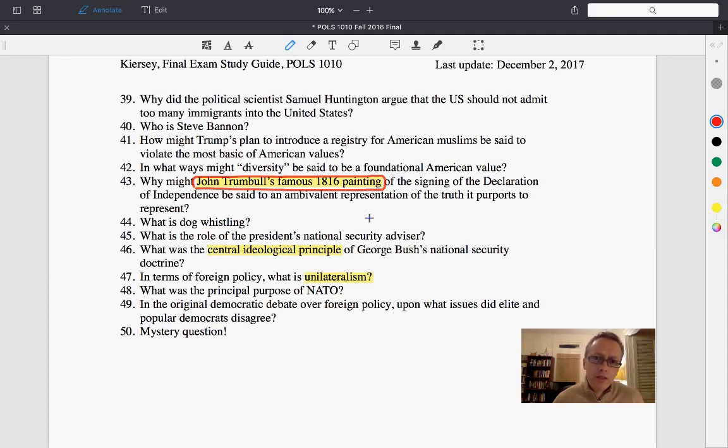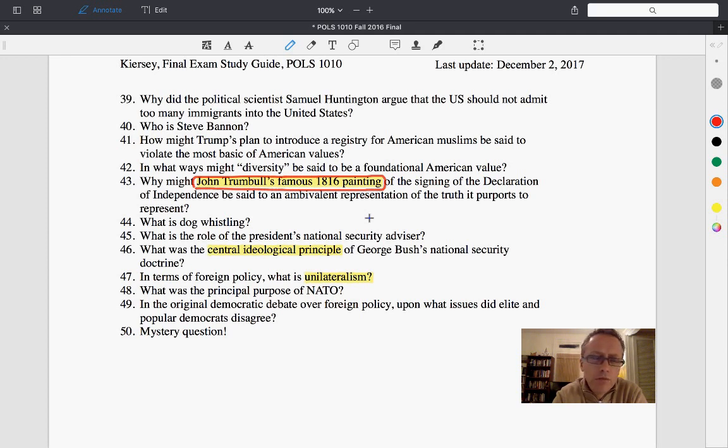The Trumbull painting has a bunch of white men, the founding fathers, in their powdered wigs, sitting back in repose, pondering what they're going to put in the Declaration of Independence, looking very relaxed and very philosophical.